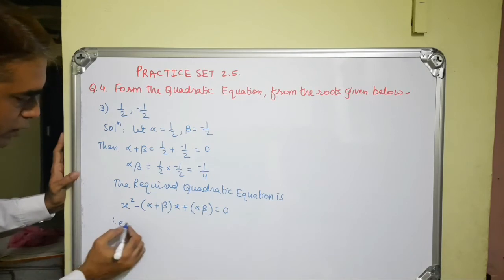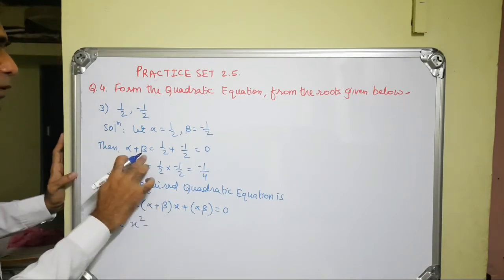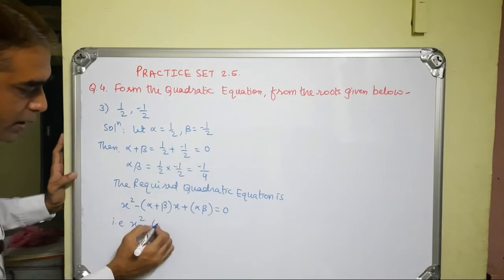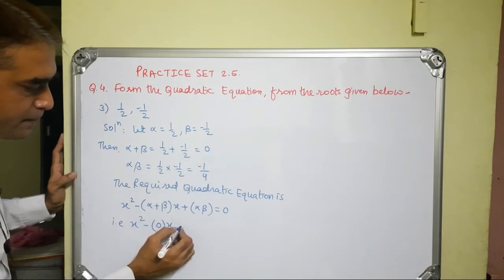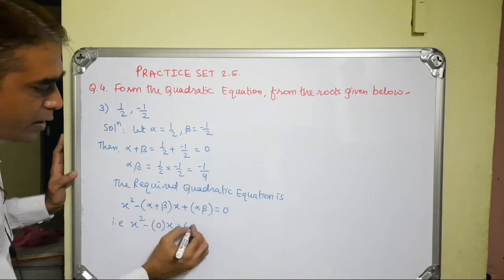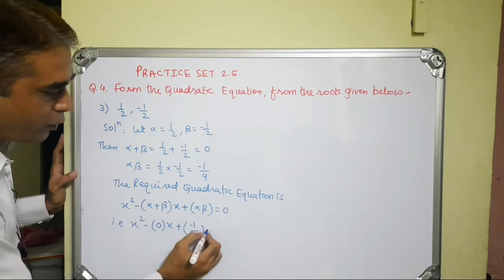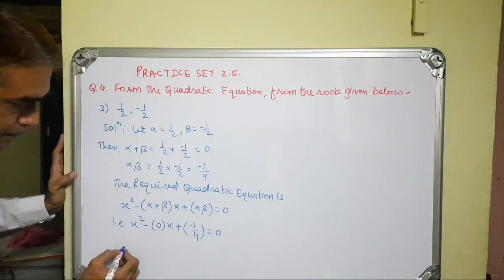This is equal to x square minus sum of roots, which is 0, so minus 0 multiplied by x, plus sum of product of zeros, which is negative 1 upon 4, and this is equal to 0.